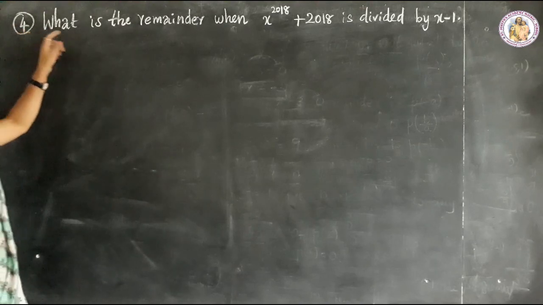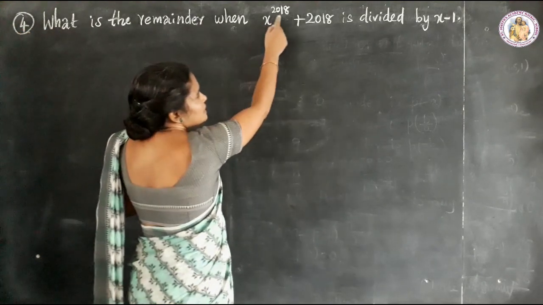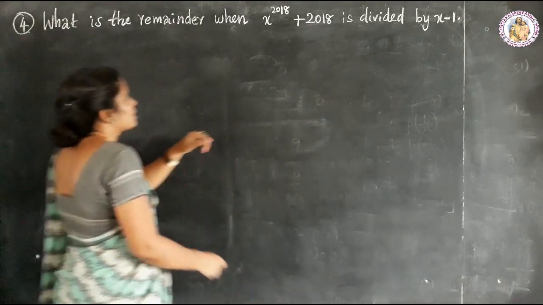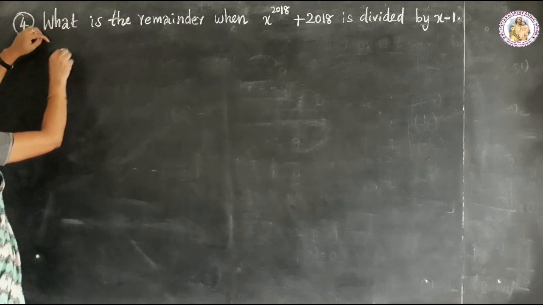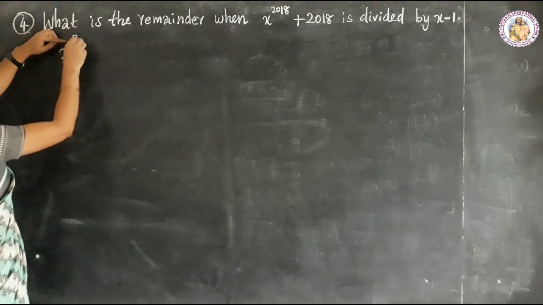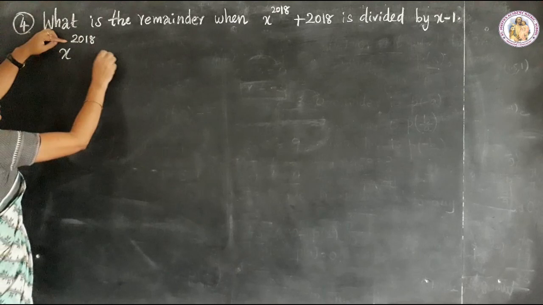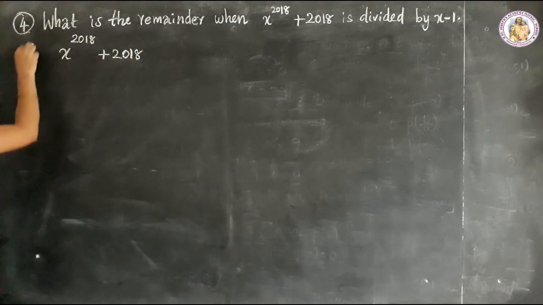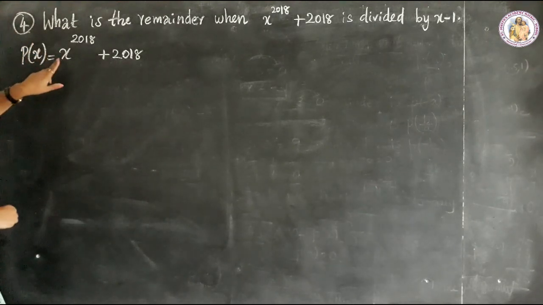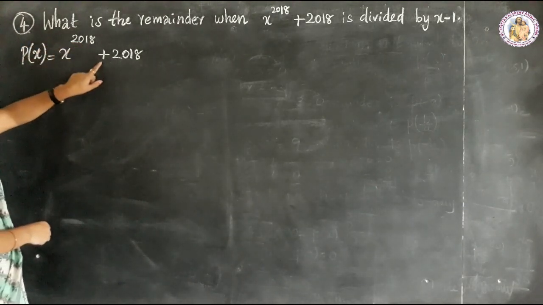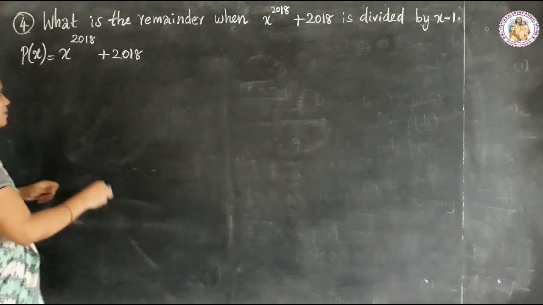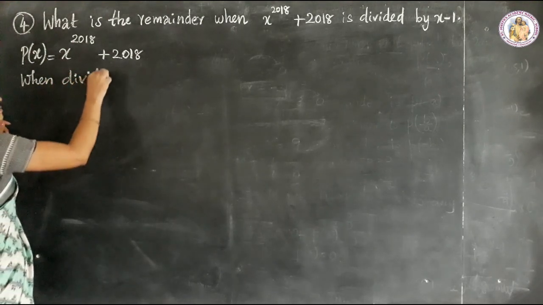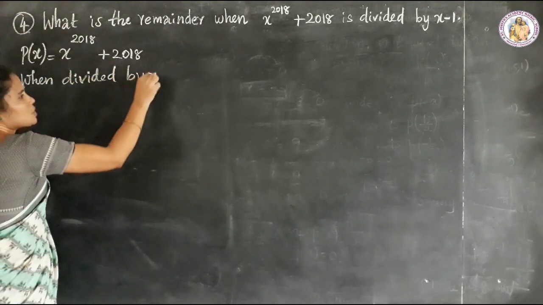Question number 4. What is the remainder when x to the power of 2018 plus 2018 is divided by x minus 1? So it is given as x to the power of 2018 plus 2018, where 2018 is a whole number. Now consider this as P of x is equal to x to the power of 2018 plus 2018 when it is divided by x minus 1.